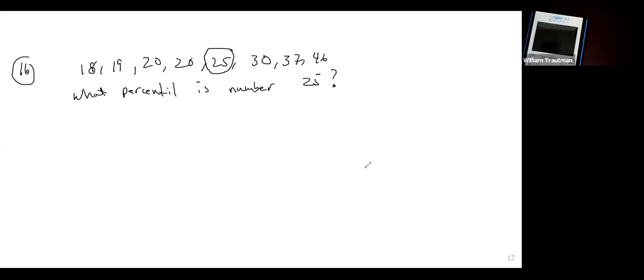And if you're still looking for the percentile formula, you need to organize your workbook. I'm telling you, you need to organize your workbook. Your percentile formula is on page 137 of your workbook. 137, lower right-hand corner are the pages.